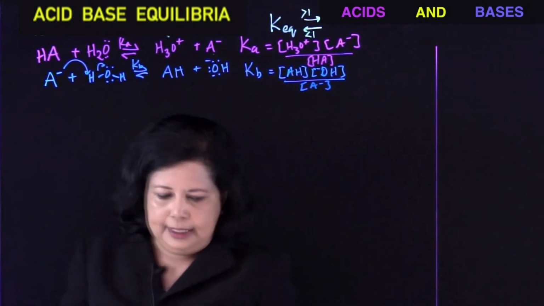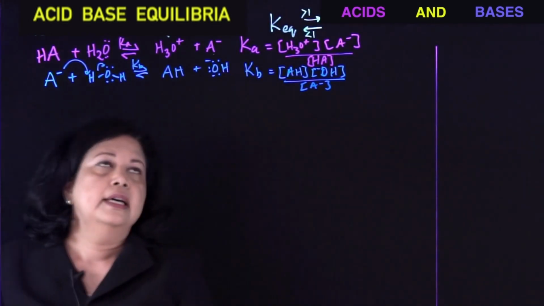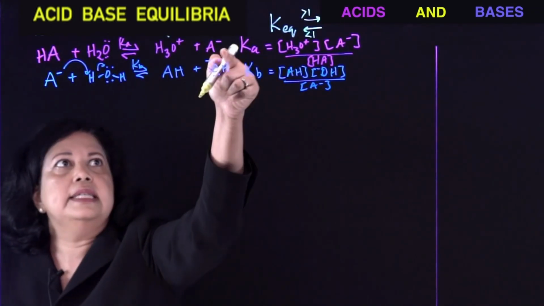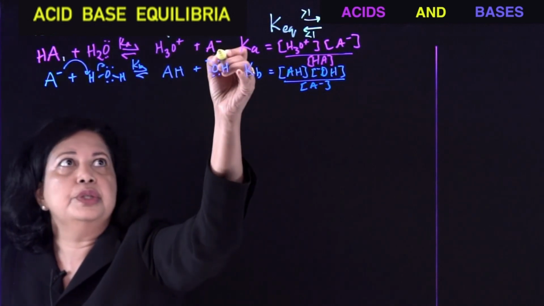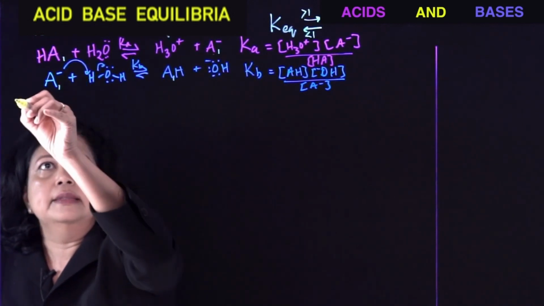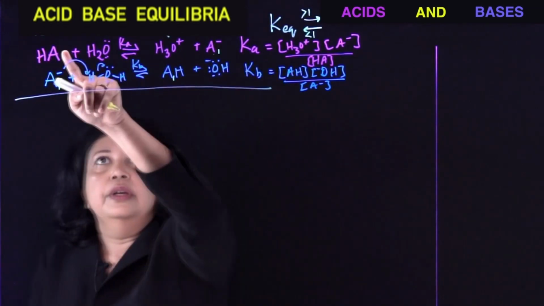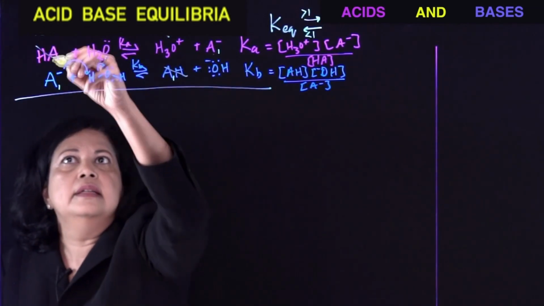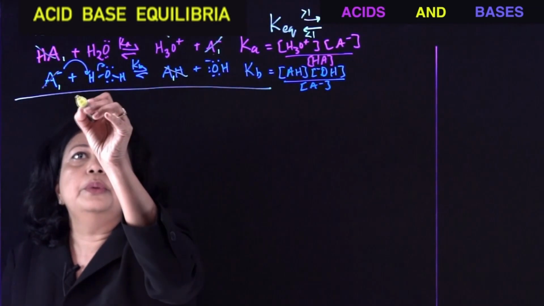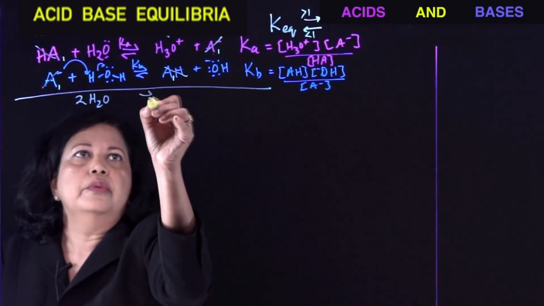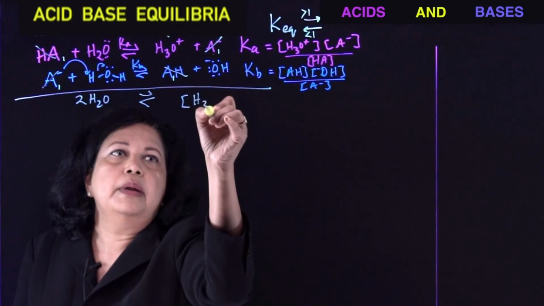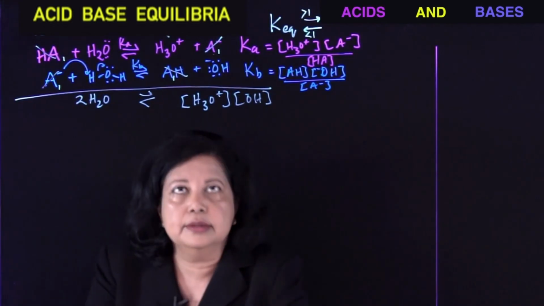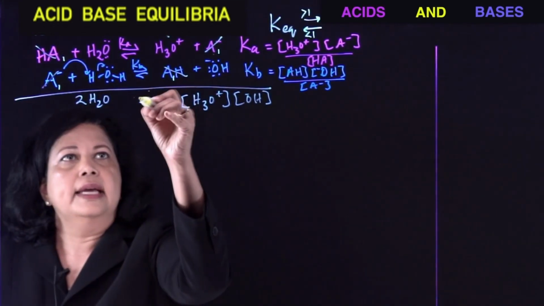So what we learned in Gen Chem is that when you have an acid-base equilibria and you add them up, as long as these are the same, I will just put 1 just to show you that these are the same system. You're going to have these cancel and these cancel, and you would get 2H2O going over to H3O plus and OH minus. I'm sure you'd recognize this as just the dissociation constant for water, and that is Kw.